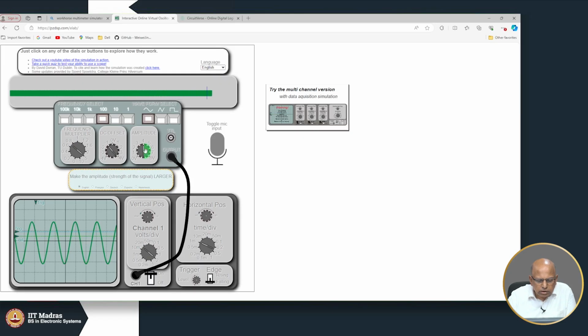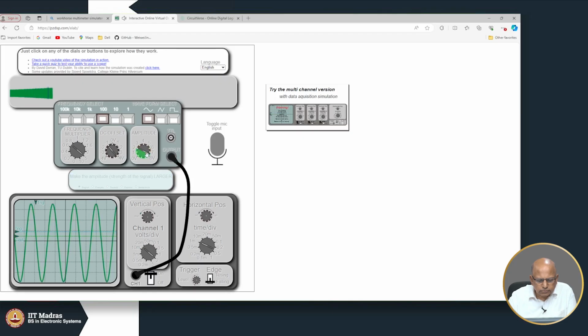So, the amplitude according to this is 4 volts and according to this it is 2 volts per division, 4 means 8 volts. So, I have adjusted the amplitude to be 8 volts peak to peak.